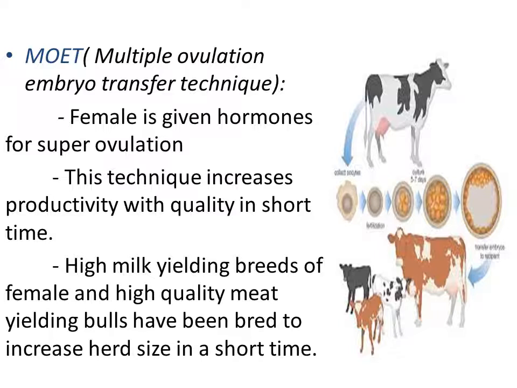So herd size can be increased within a short period of time by the multiple ovulation embryo transfer technique. So we have studied two controlled breeding experiments: one is MOET and the other is artificial insemination.